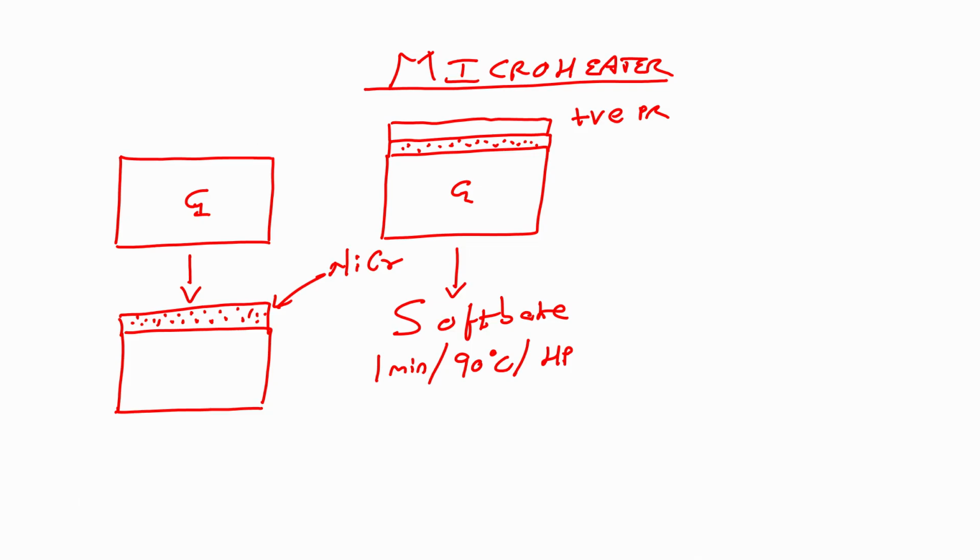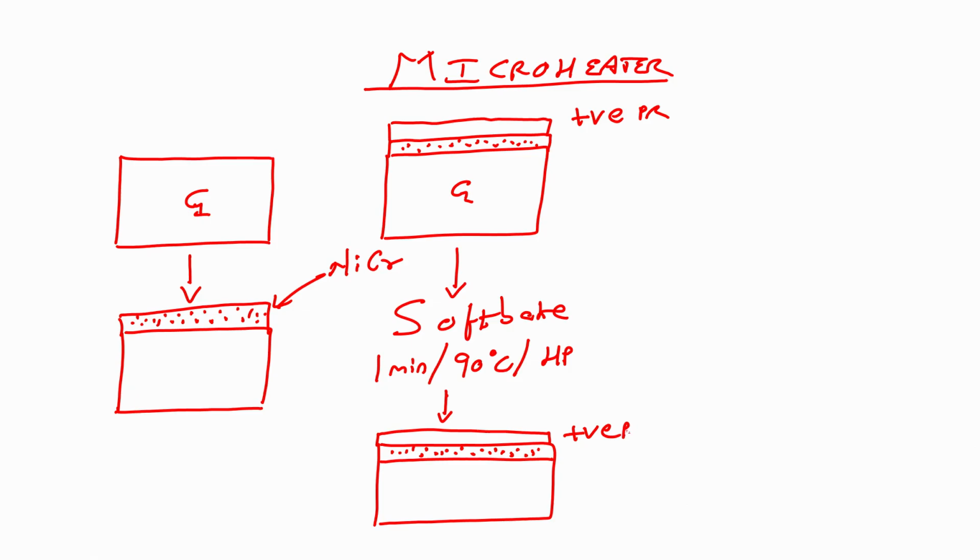The next step is we take this wafer, we have our material which is my nichrome, on that you have positive photoresist, on this positive photoresist we will load a bright field mask.